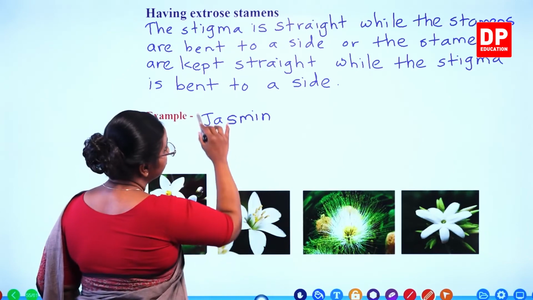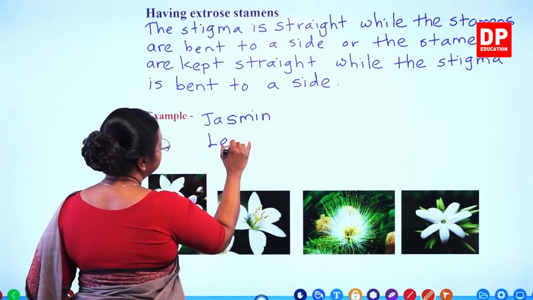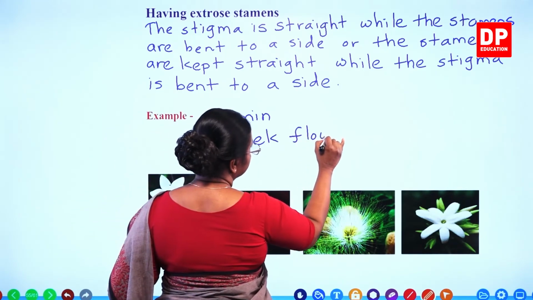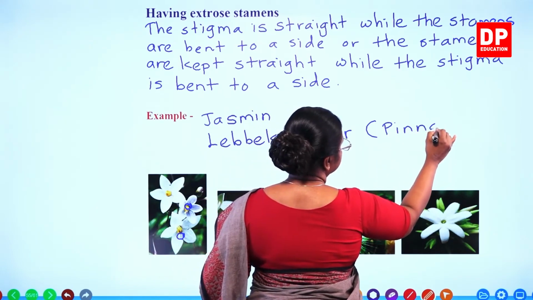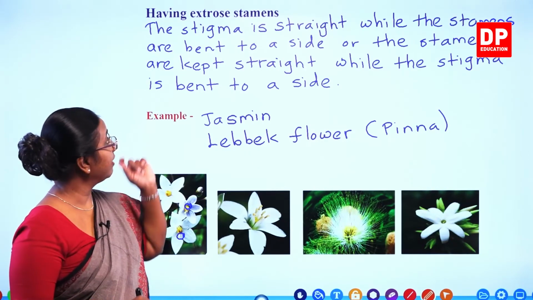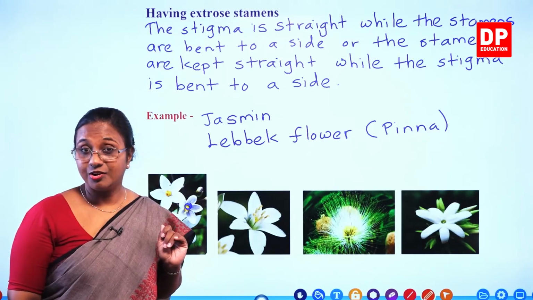That again shows this extrose stamen. Jasmine and lebec flower, they both have extrose stamen. I am sure this is clear to you all students.